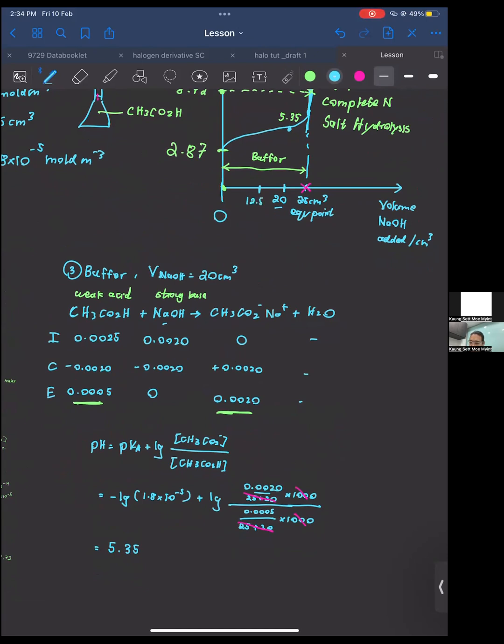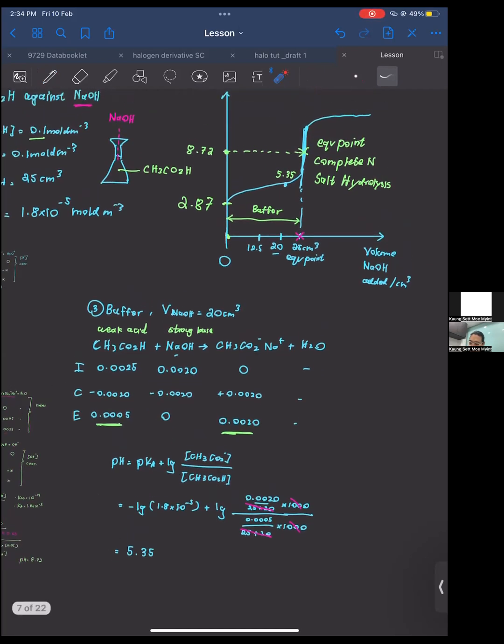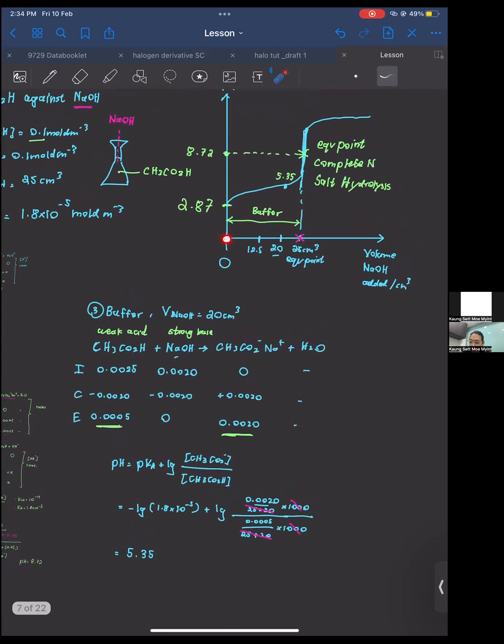Now, you must remember that if we are at this point, in the solution, there is only ethanoic acid. If we are at this point, all of our ethanoic acid is converted to ethanoate already. At this point, all of them are ethanoic acid.